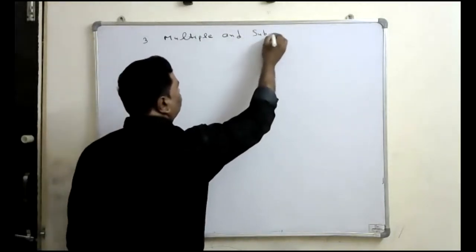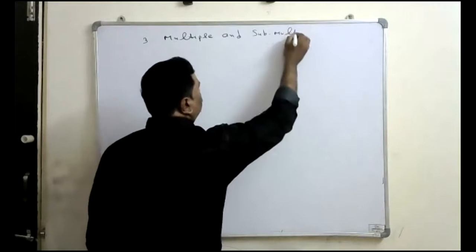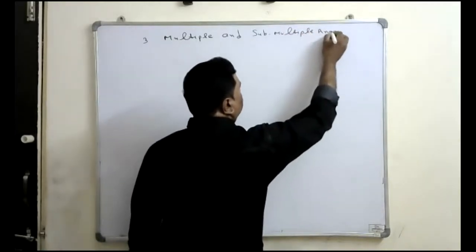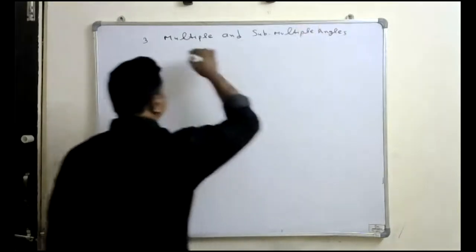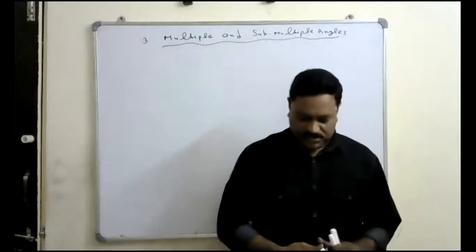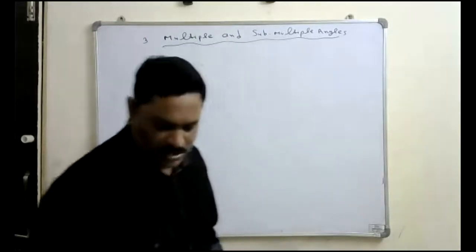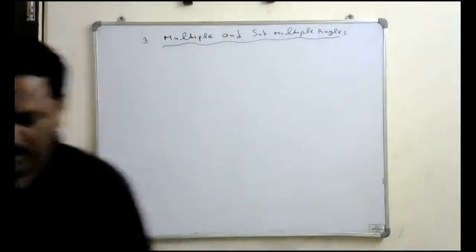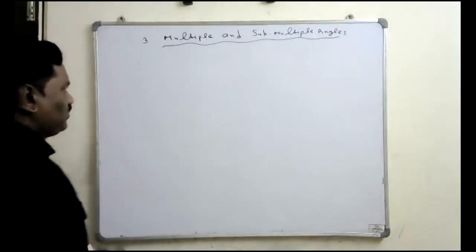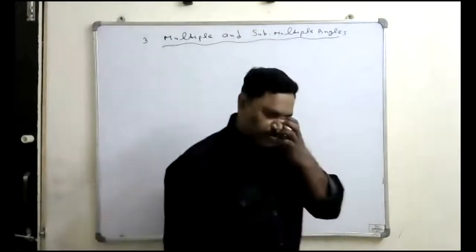Give the heading: Multiple and submultiple angles. These formulas are very important, because in our entire 12th class we are going to use these formulas, multiple and submultiple angles.